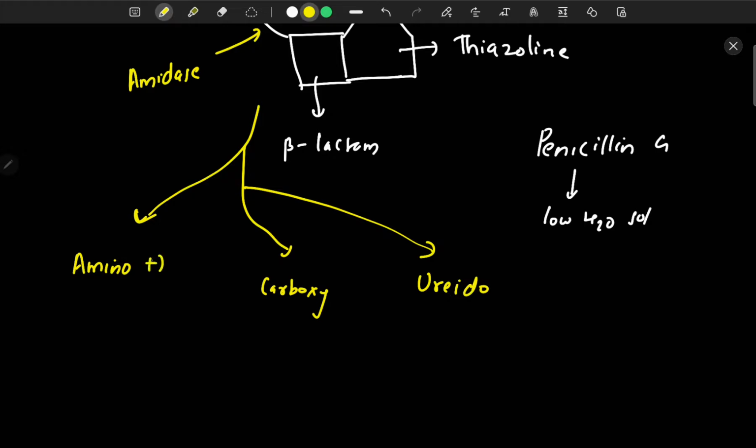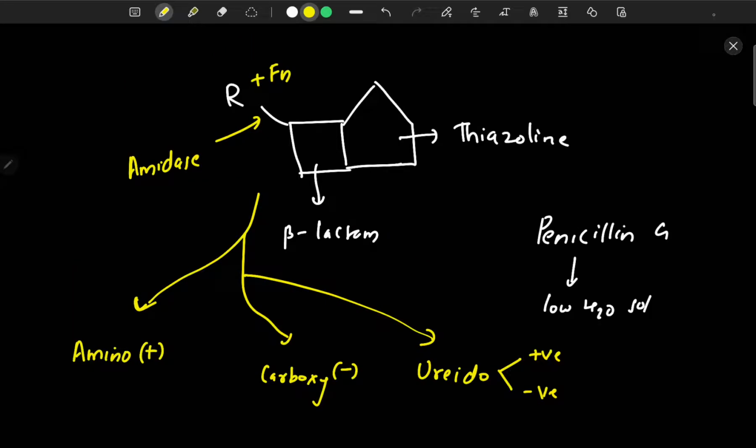Amino group means it is positively charged, carboxy group means it is negatively charged, ureido group means it has both positive as well as negative charge. When the ring is attached to the functional group, it becomes ionized. That means it becomes more water soluble, so that now it can act against gram negative organisms.